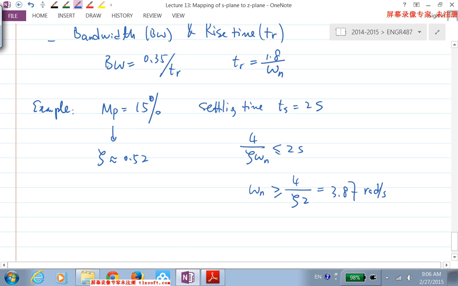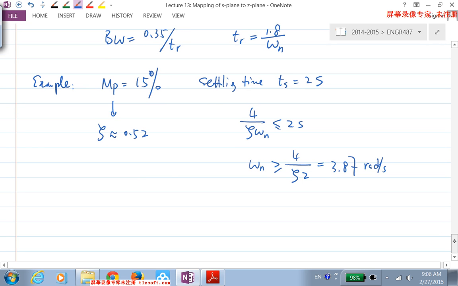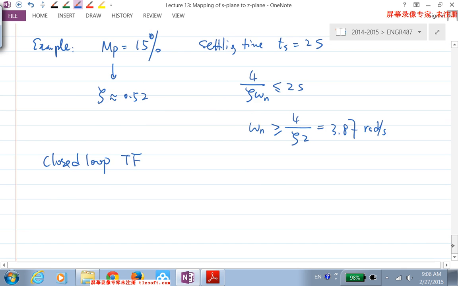Once you get omega n and zeta, the closed loop transfer function should be omega n squared over s squared plus 2 zeta omega n s plus omega n squared.